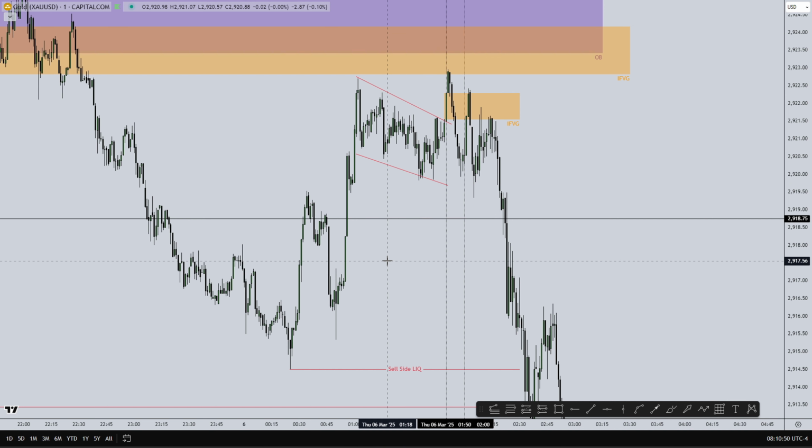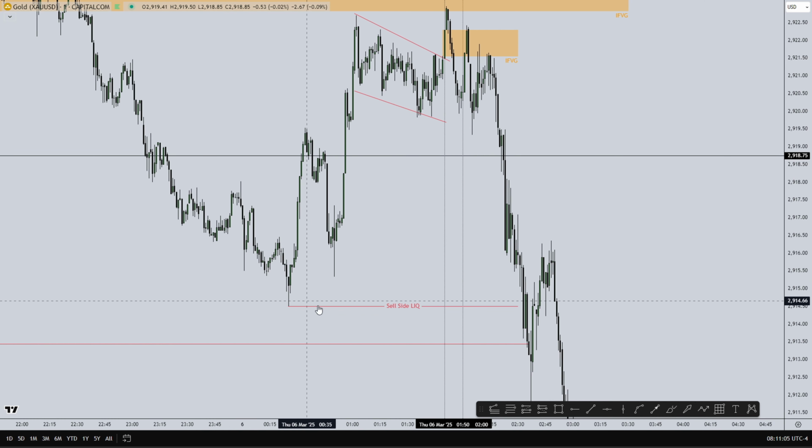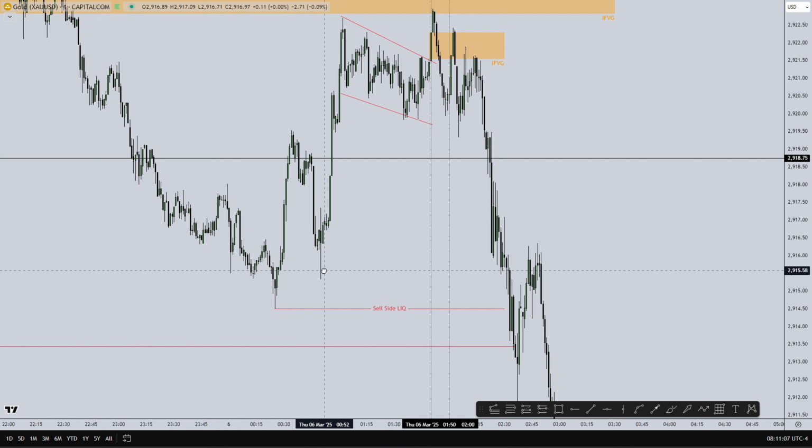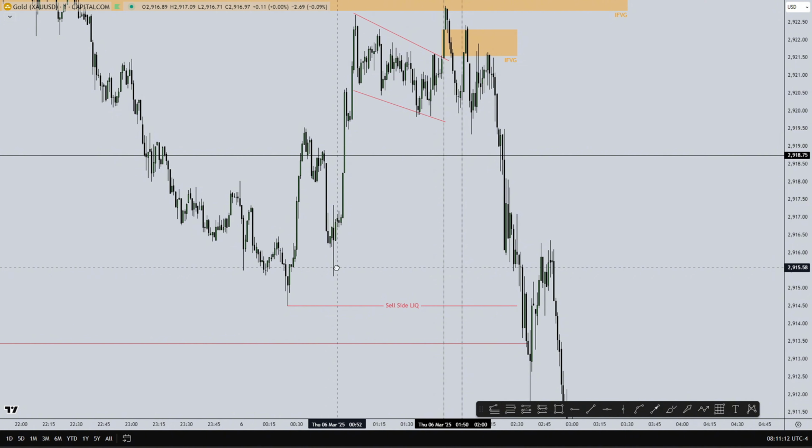Because a strong market structure shift after clearing the liquidity is a major signal that the price could reverse and respect the pattern. However, if the market leaves the sell side untouched, as in this situation, without showing any jagged movement, then it is unlikely that the pattern will hold.